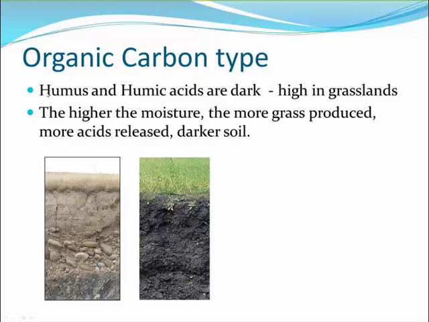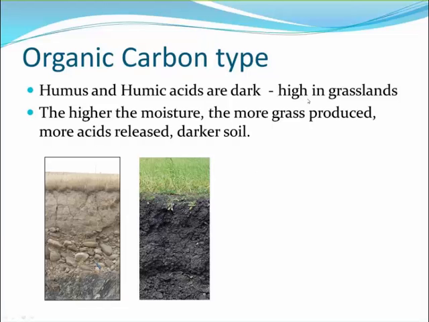The one on the right has a lot of organic carbon being produced and a lot of carbon being stored by that soil. This soil on the right would be an example of an area that is humid and gets lots of moisture. The one on the left would be an area that is dry and gets very little moisture. And you can see the difference in the color of the topsoil because of that.